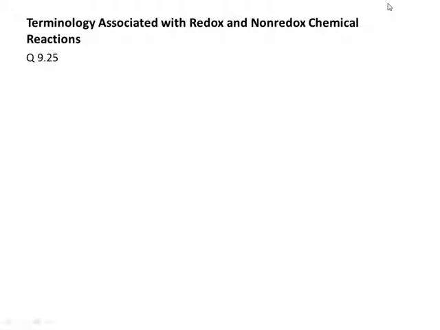So if you look at the first reaction, we talked about it before, N2 plus 3H2 making 2 ammonia. Nitrogen is 0, hydrogen is 0, nitrogen now is -3, hydrogen is +1.